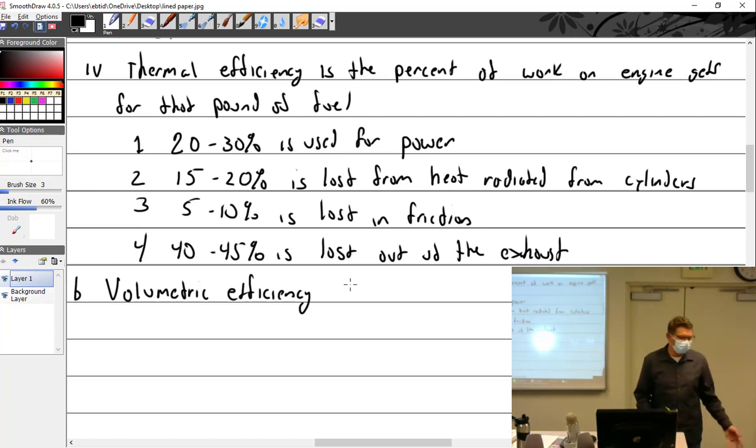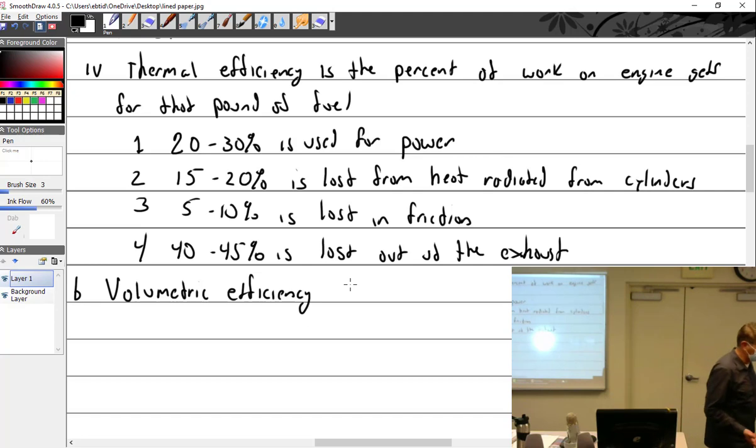So if you're only partially filling the cylinder, this is off an O-200. There's 4 cylinders on an O-200, so this would be 50 cubic inches, roughly, per cylinder.